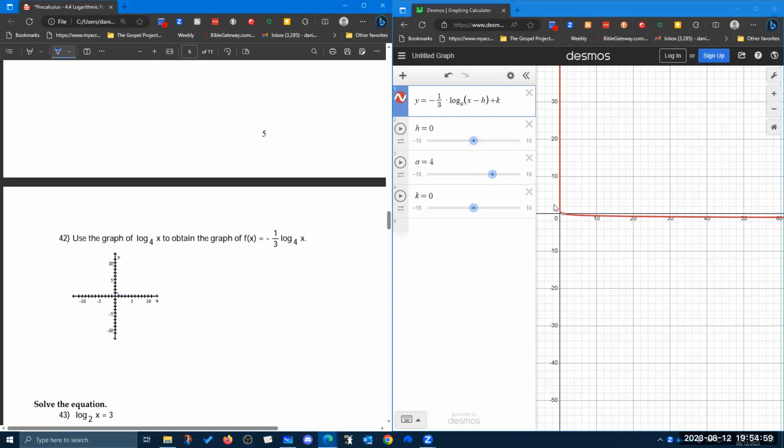We have a 1, 0 still. Log base 4 of 4 is 1. 1 times negative 1/3 is a negative 1/3 down there. We have our vertical asymptote here at x equals 0. We have a function that is going to go like so.